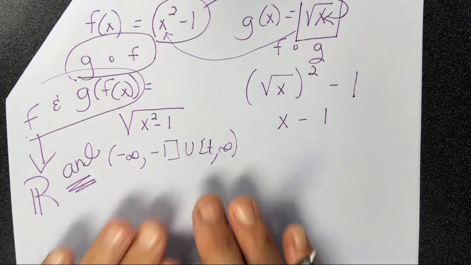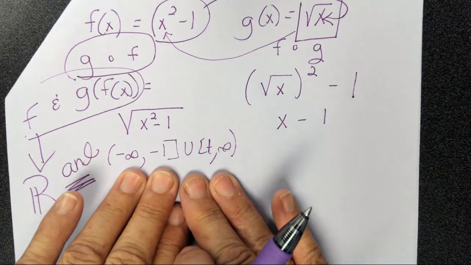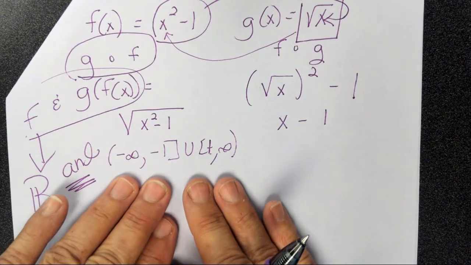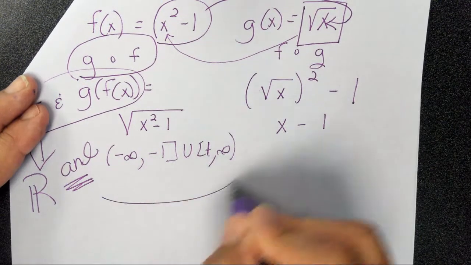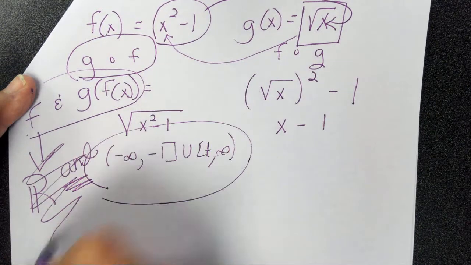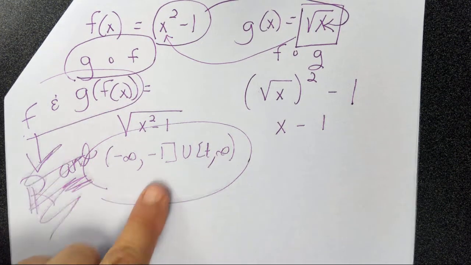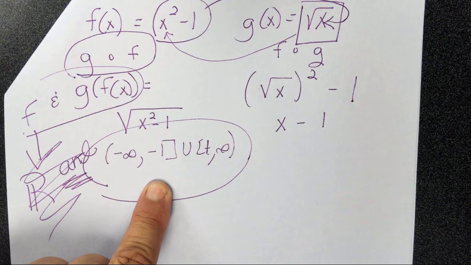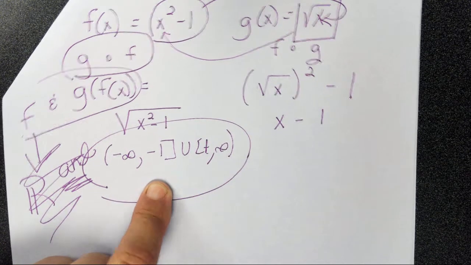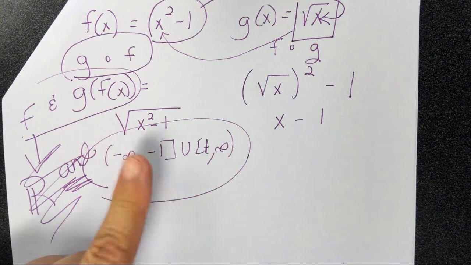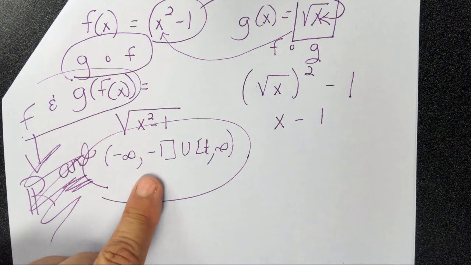So if I can be anything, but I have to satisfy this, this wins and this goes away. Because it's an and. I must satisfy both conditions. So I can't be everything when I have a restriction here. Okay, so this wins as my final domain.